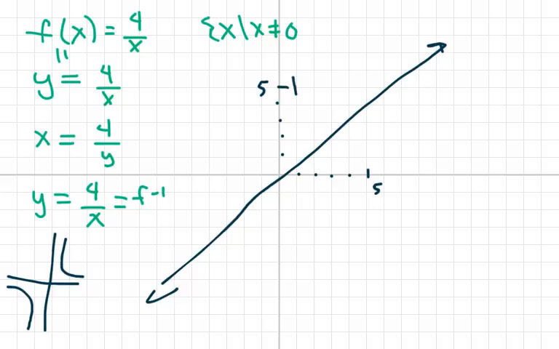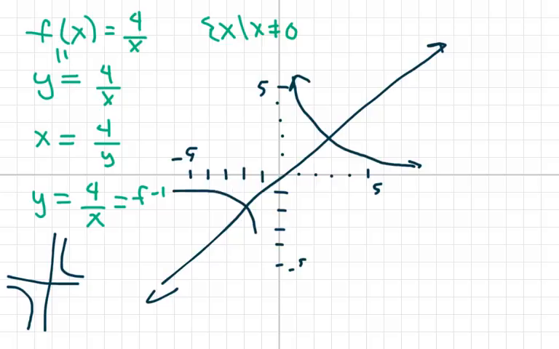And so basically it looks like this. And this is 1, 2, 3, 4, 5. 1, 2, 3, 4, 5. Negative 5, negative 5. And basically this is what it looks like. Okay? And they're both the same. These are both the same.